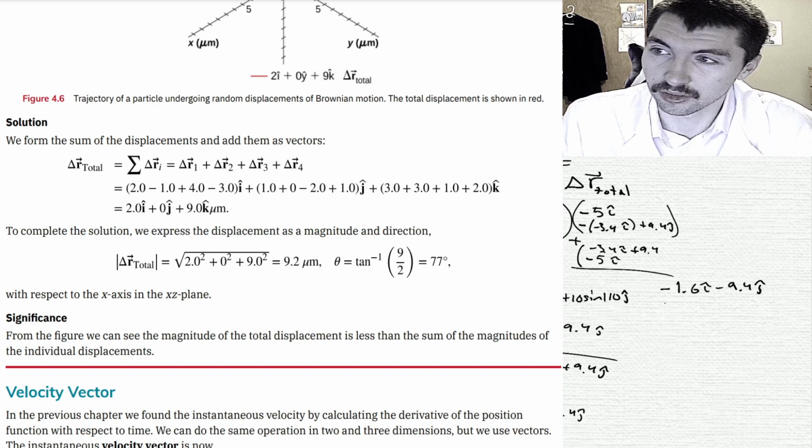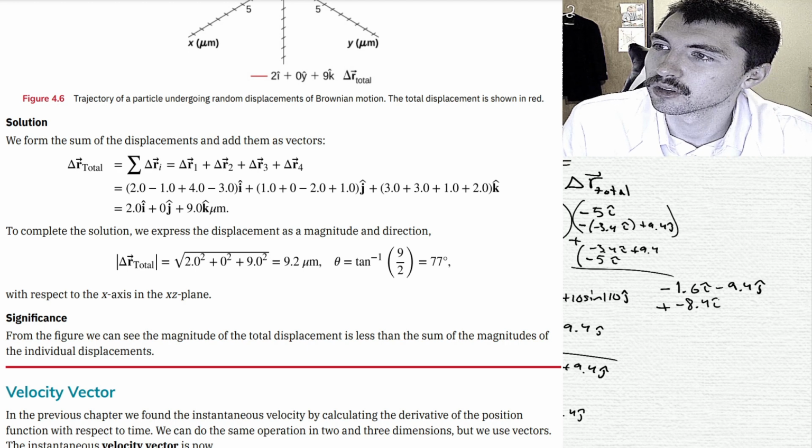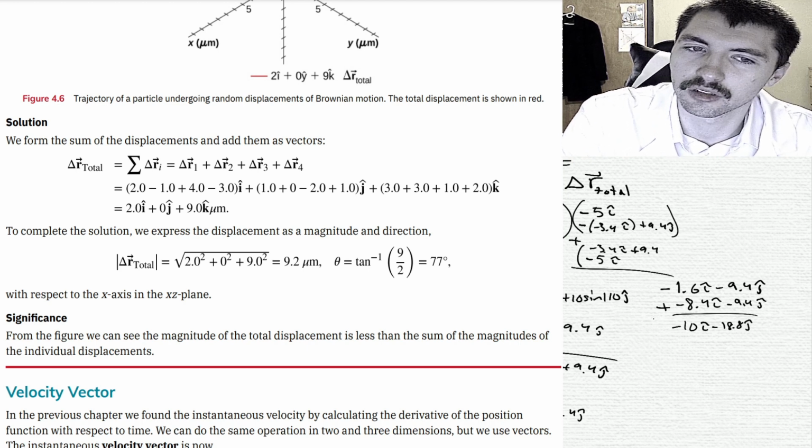Okay, now we're going to add this to negative 8.4 minus 9 point. Okay. So here we will get, so that's not right either.